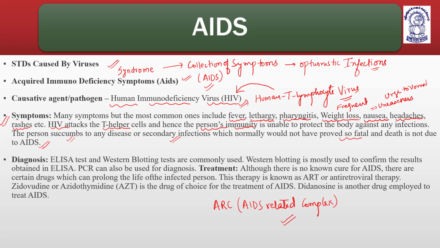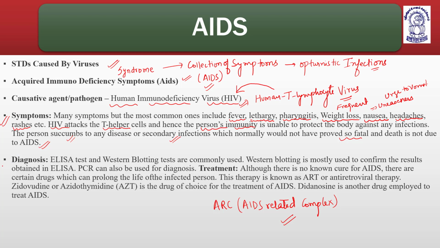The reason for death in case of HIV or AIDS is multiple organ dysfunction. Many organs are not in a working state because of multiple infections at a time. That is why the person is said to be immunocompromised, meaning the immune system is not working properly.